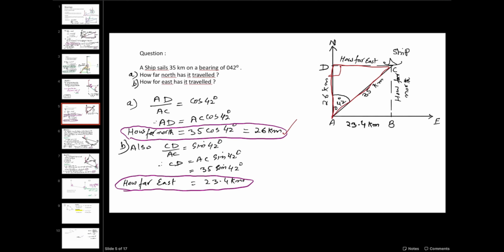So CD is equal to 35 sin 42 degrees, which is equal to 23.4 kilometers. So the ship is 23.4 kilometers east.